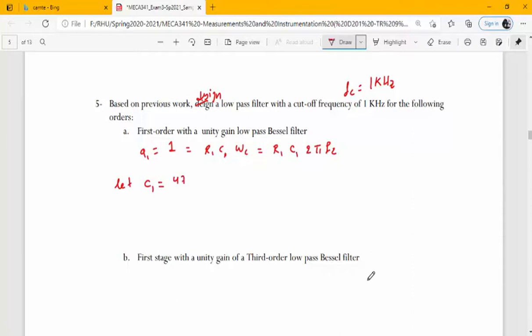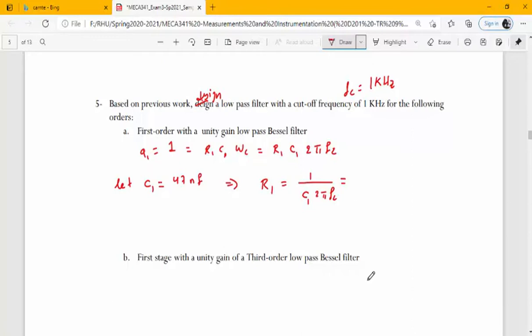Always make sure to choose the capacitance and solve for the resistance, because the resistance is more easily found in the laboratory than the capacitance. So 47, for example, nanofarad, okay, then the resistance must be equal to 1 over C1 2 pi FC, okay.